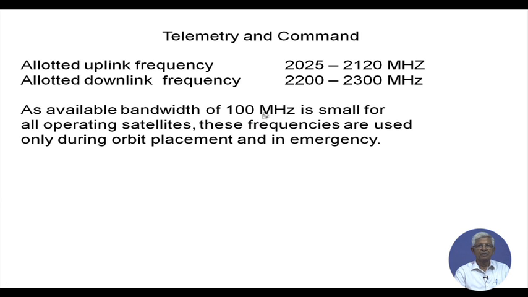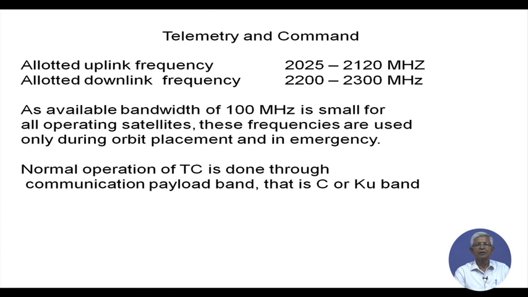You can see it is only 100 megahertz bandwidth available, and that is allotted worldwide. So it is a very small bandwidth for so many satellites which are operating. So these frequencies are used only during the orbit placement and in case of emergency. Normally telemetry and telecommand is done through the communication channel, which is generally in C band or Ku band or Ka band, that is, through the communication payload band.